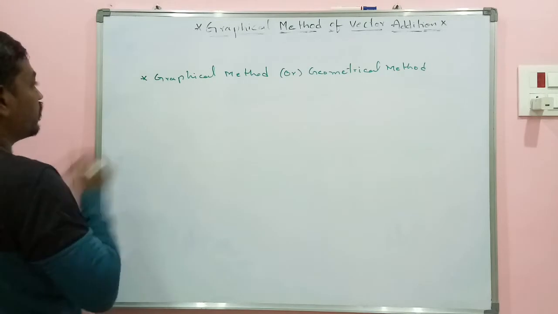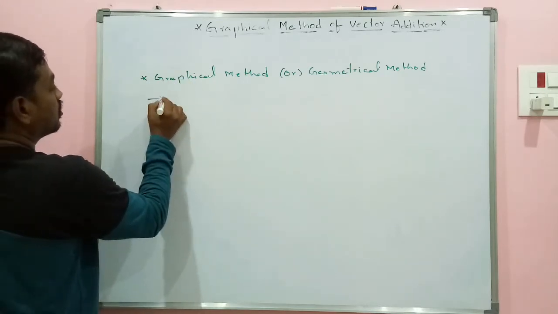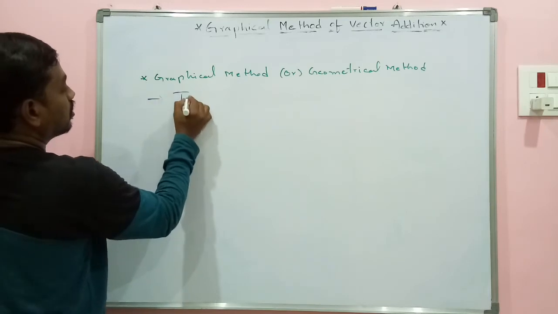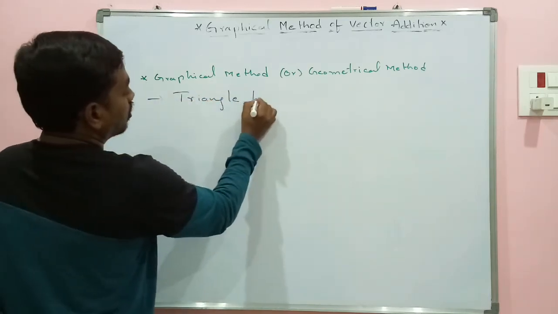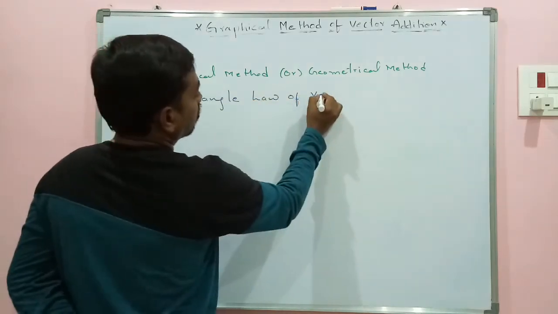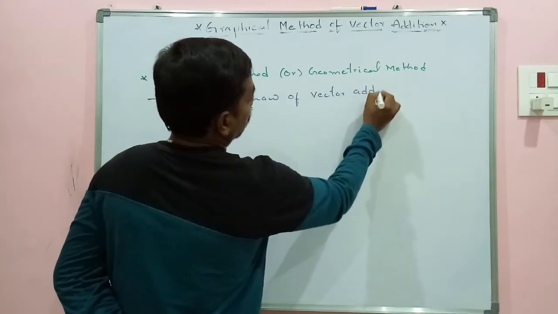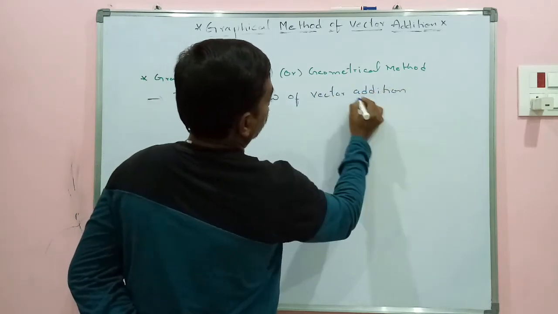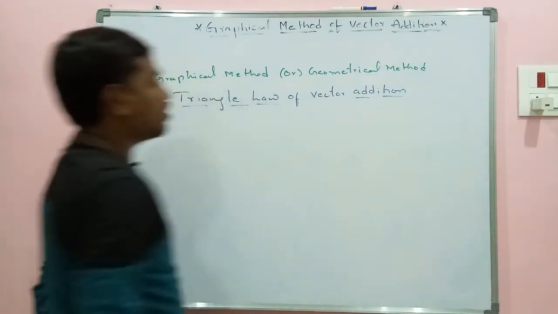We have two different laws in this method. Number one is the triangle law of vector addition.